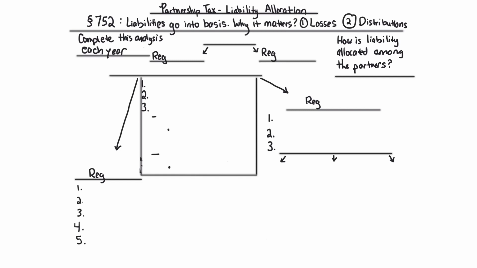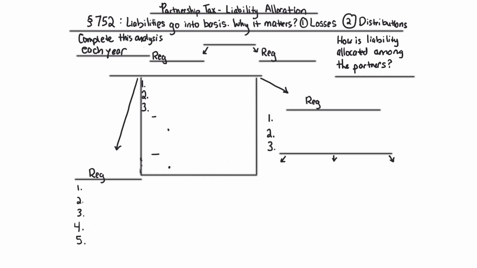That's the question you're asking each year. So if you have an exam problem, or a problem in practice, and you're asked about a specific year, it can change from one year to the next based on the economic situation going on. So one year it might be split one way, the next year it could change and be split another way. We're going to see that through our analysis. But that's what you're asking each year.